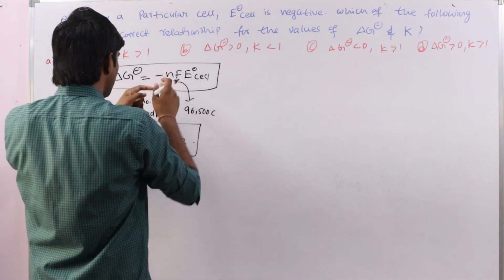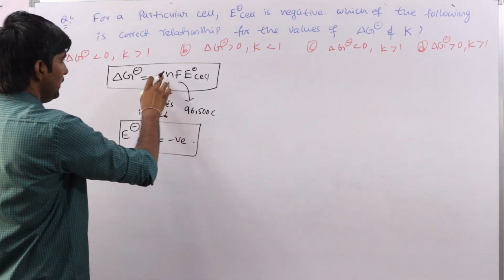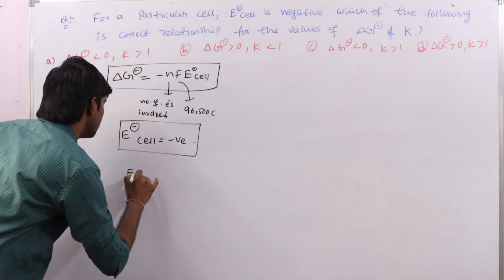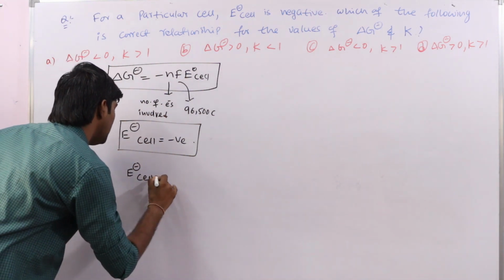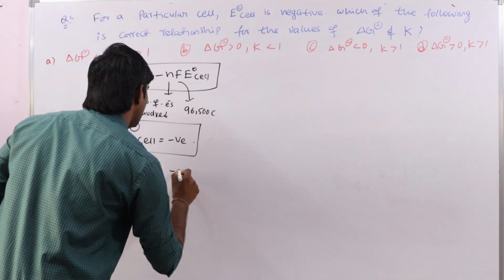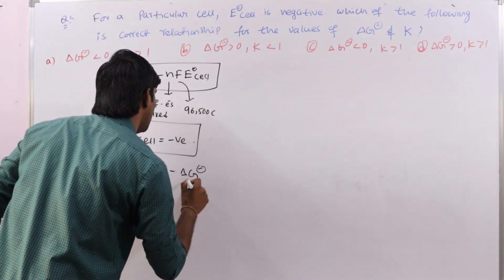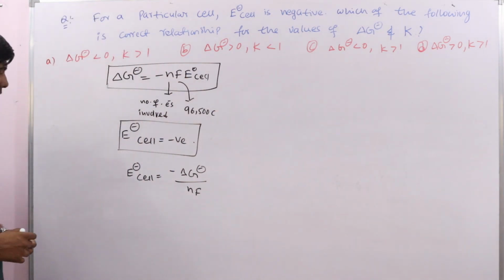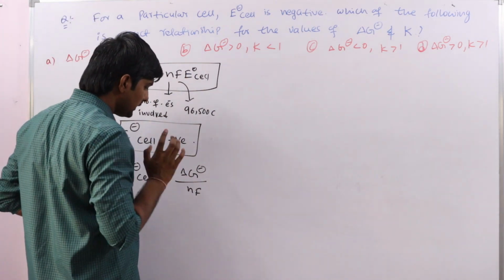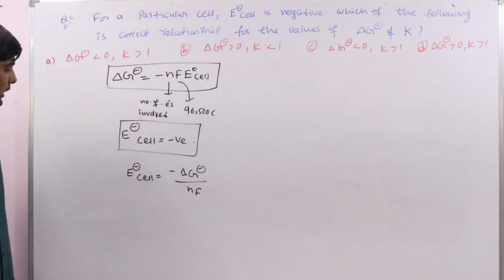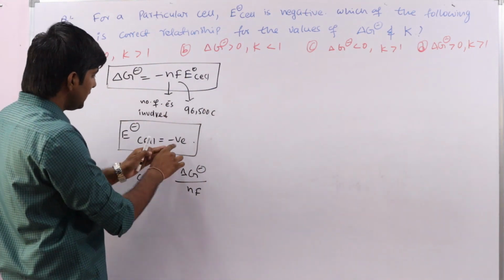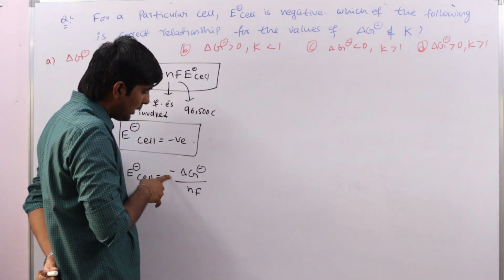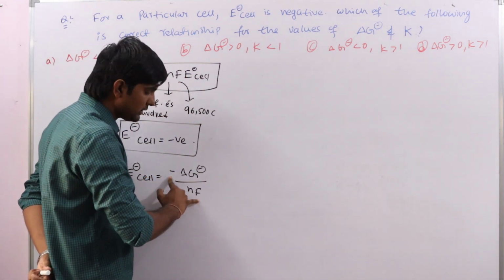Now if you rearrange this one, we can write this as E naught cell equal to minus delta G naught by n into F. Here it is already given that E naught cell is negative, so we already have a minus, and this must be positive.